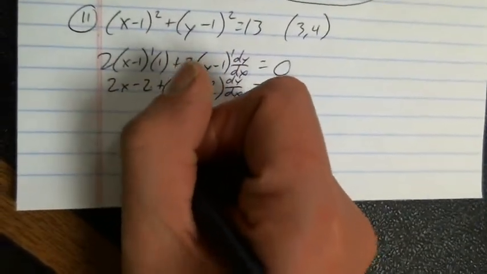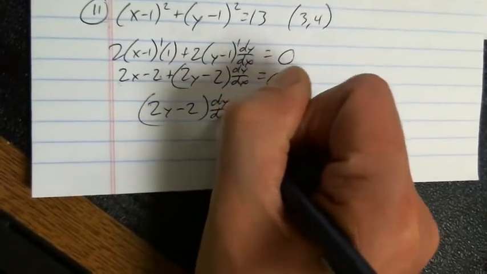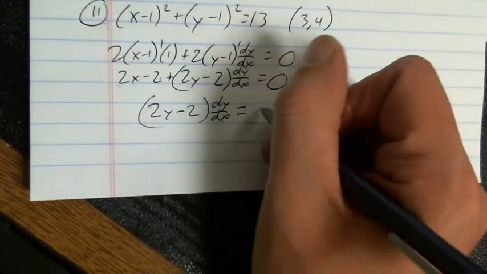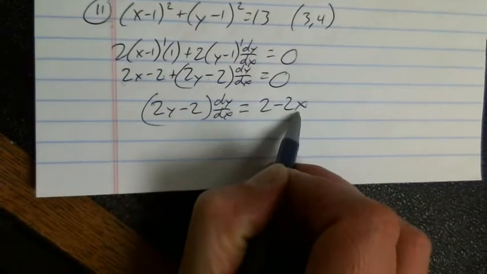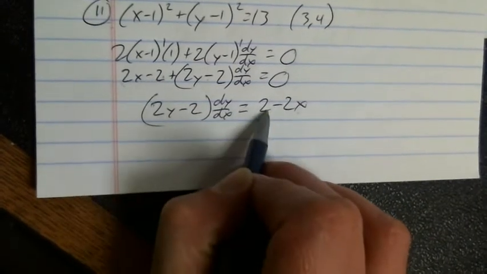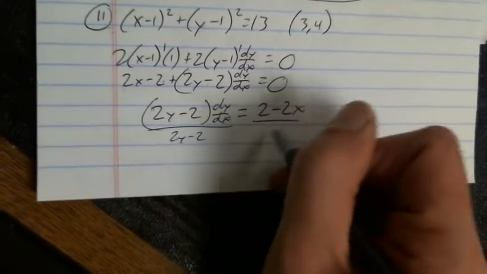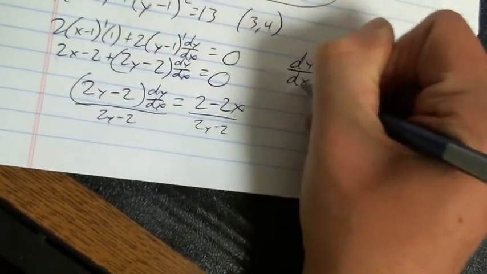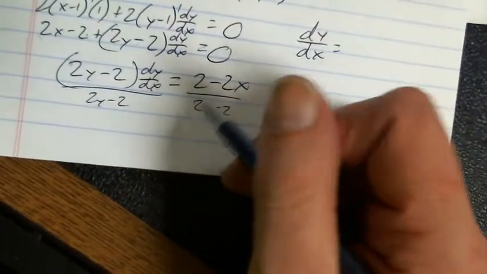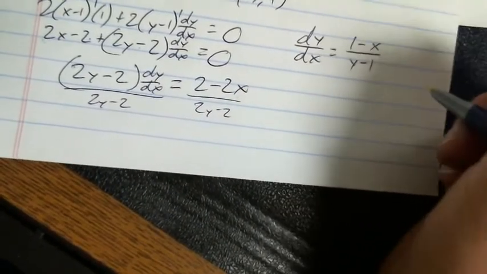So we'll wind up with 2y minus 2 dy/dx equals 2 minus 2x. We subtracted 2x from both sides, added 2 to both sides. And we divide by 2y minus 2. And we'll get the dy/dx. There's far too many 2's. Let's get rid of almost all of them. 1 minus x over y minus 1.